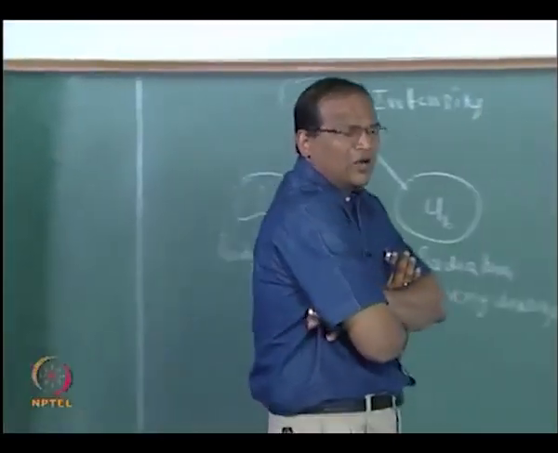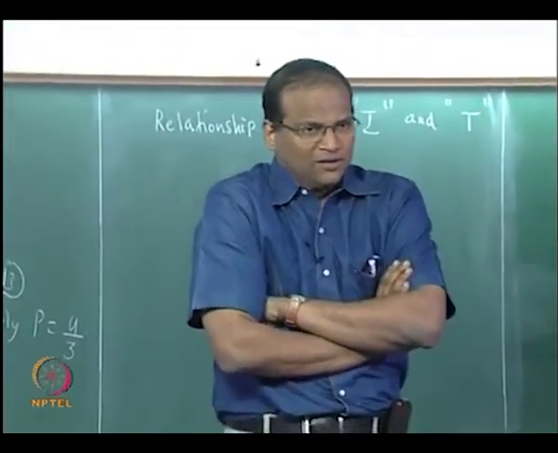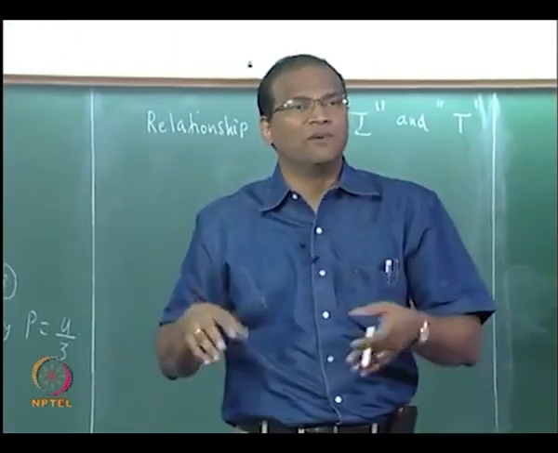Suppose it is integrated for all the wavelengths and over the hemisphere, and it is a black body, we know that there is a relationship between I and E. What is that? E equals pi I_B. Therefore, if you get a relationship between I and T, it is as good as getting a relationship between E and T, and you already know what the story is. E is sigma T to the power of 4, which has also been independently confirmed by experiments.